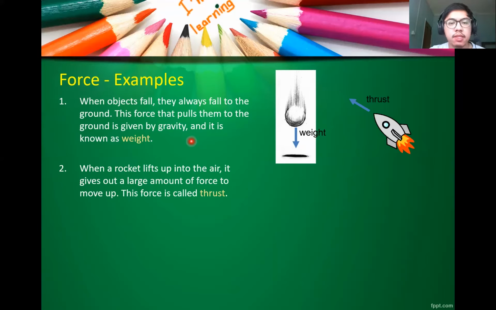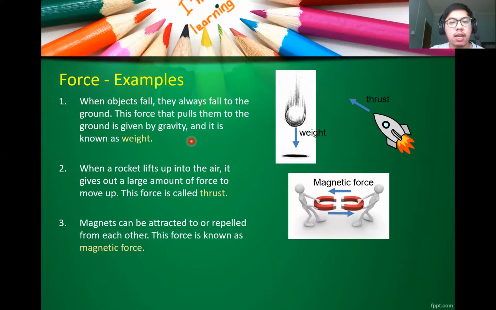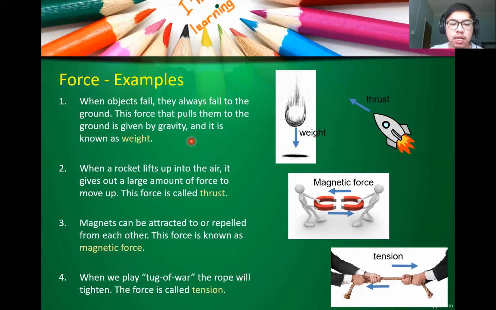When a rocket lifts up into the air, it gives out a large amount of force to move up. This force is called thrust. When two magnets are attracted or repelled by each other, this is called a magnetic force.